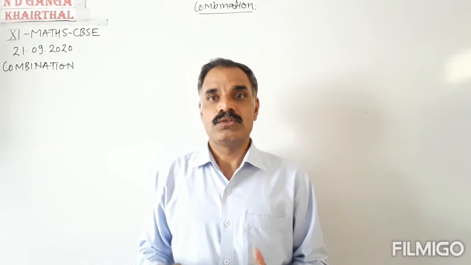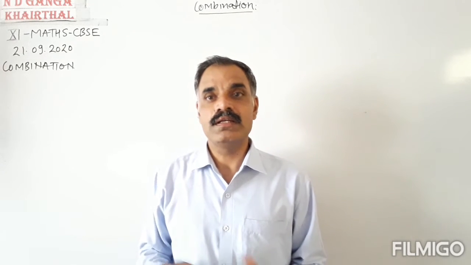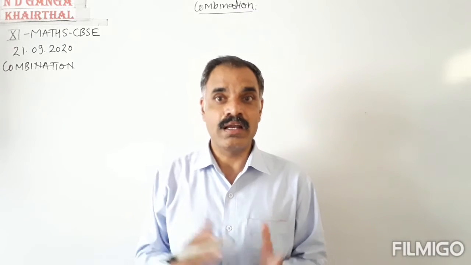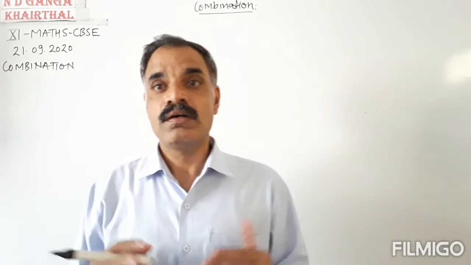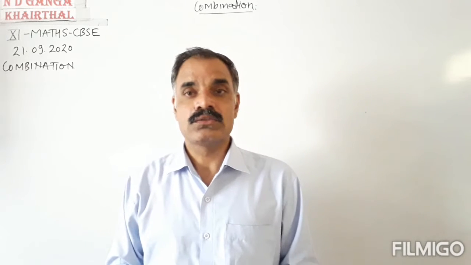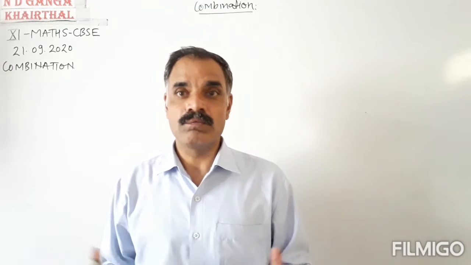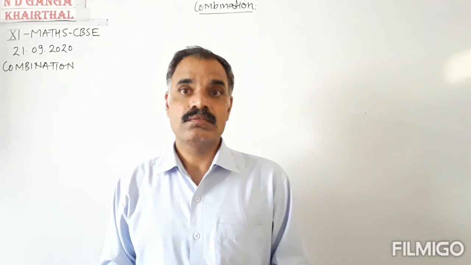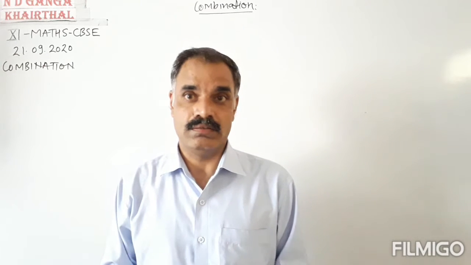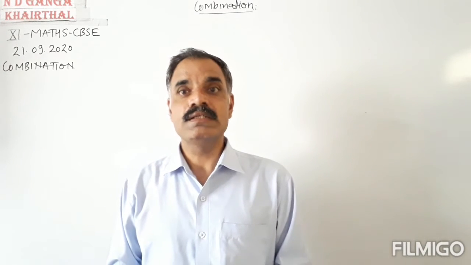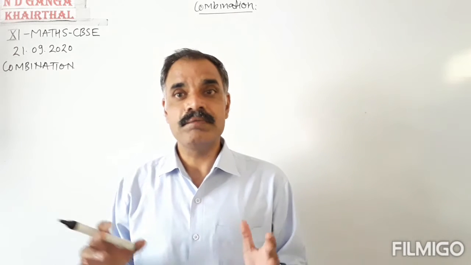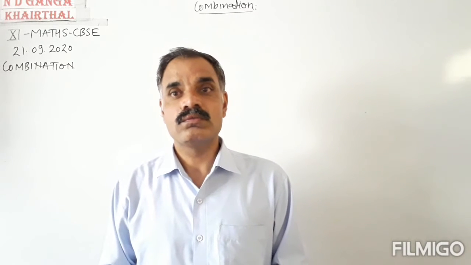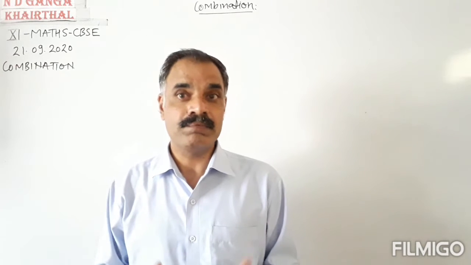Okay. Today we will learn about the meaning, the formula, and the algorithm of finding the combinations. So what do we mean by combination? If we say simply, combination means selection. Selection means, let us suppose we have been given n different objects, then we have to make a committee of r persons.